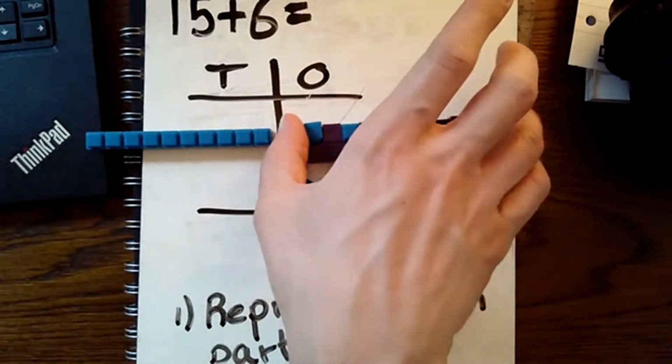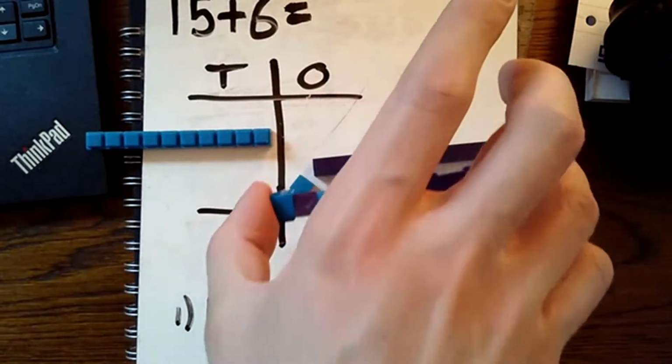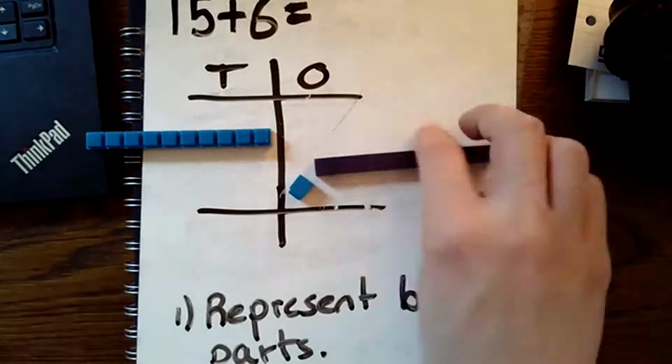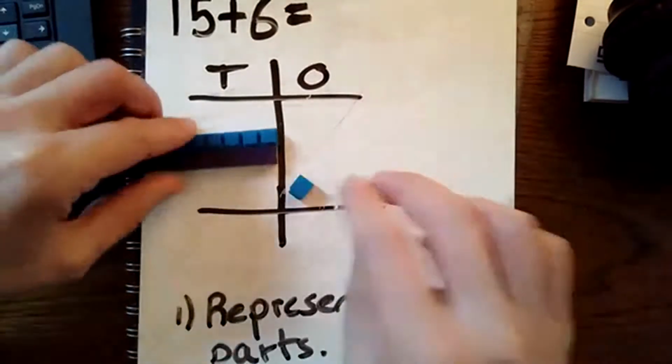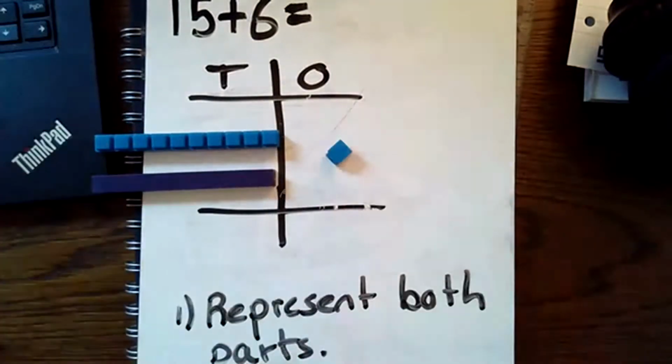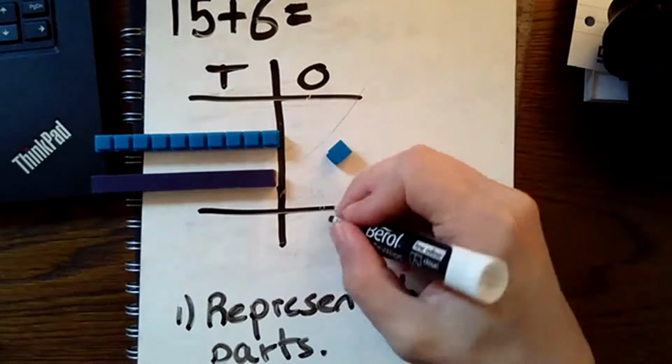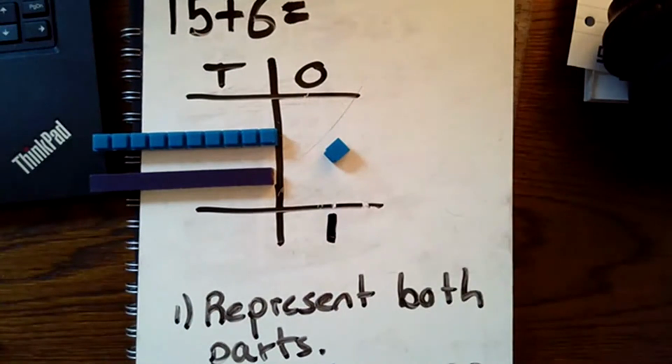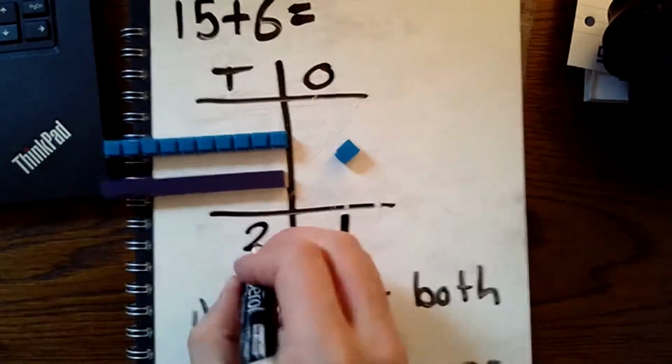So I regroup 10 ones to be 1 ten, but my ten must go in the tens place value. But look, I still have 1 one here. Now I need to add the tens. How many tens do I have? 2.